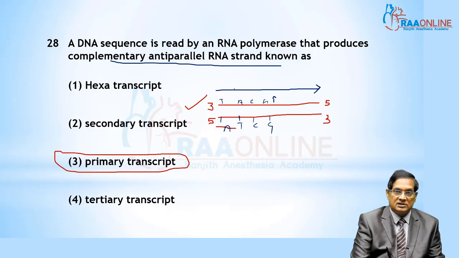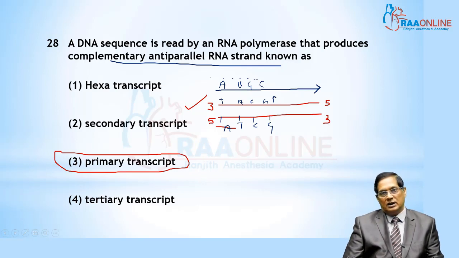When this strand forms RNA, the complementation rule is applicable. Here A is there, so T would pair, but in RNA, T is not found, so U is there. Then C, here G is there. Then G, here C is there. This is the sequence of bases on RNA.